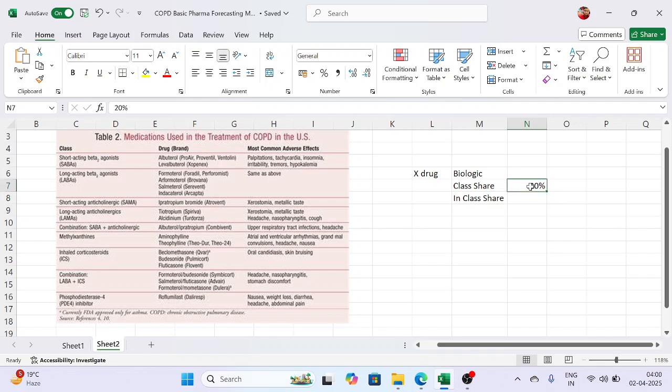Under this class having 20% share, the estimated share can be taken from different sources, either from primary market research, or you have used the IQVIA Midas database, or you have done some collaborations, or your client itself has given you this number or percentage. It can be anything, and we will discuss this in detail. So let's assume the in-class share of your drug is 45%.